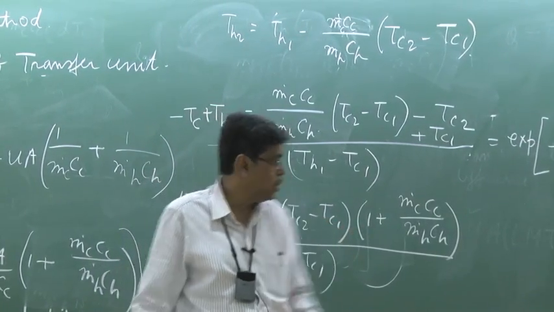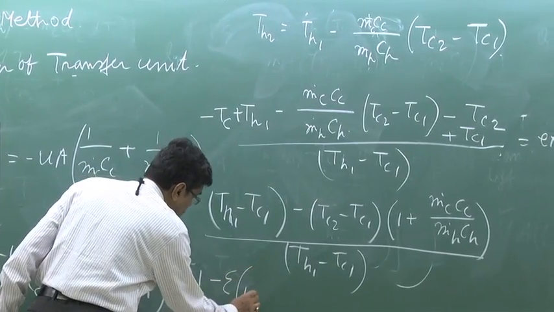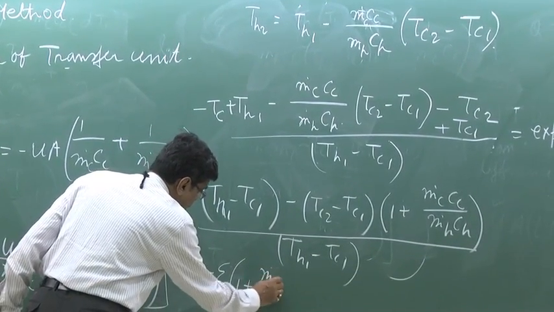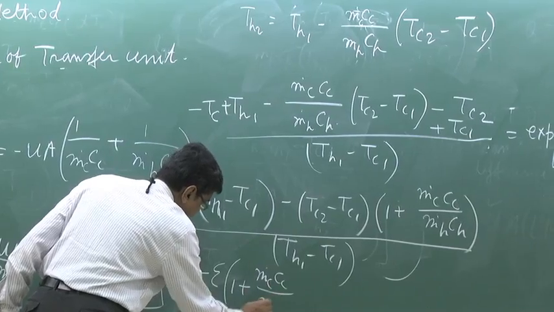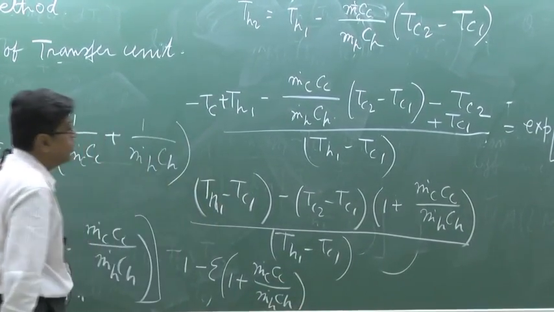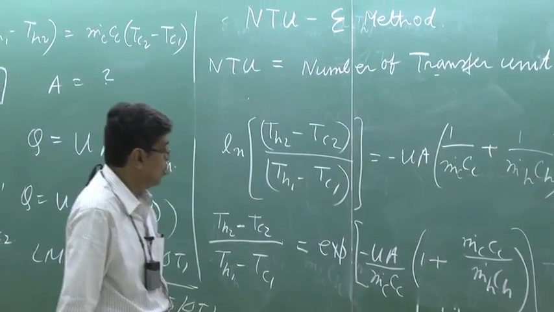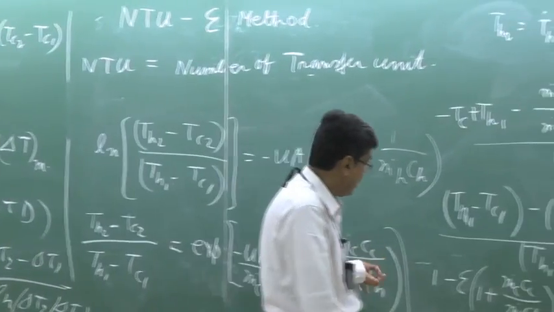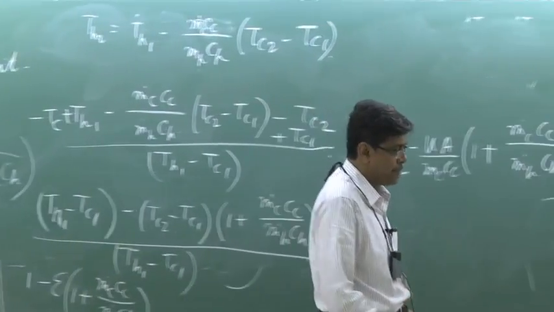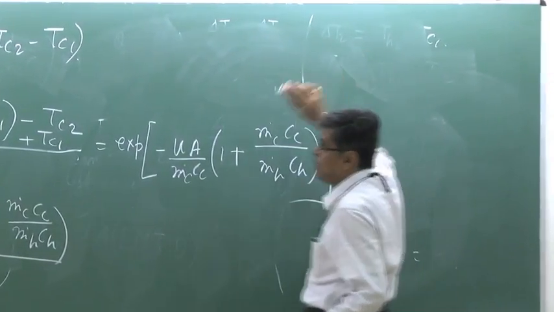Clear? So therefore this will be 1 minus epsilon into 1 plus m dot Cc divided by m dot Ch. This equals this exponential. So if you equate this and write this epsilon, then you will get this expression.